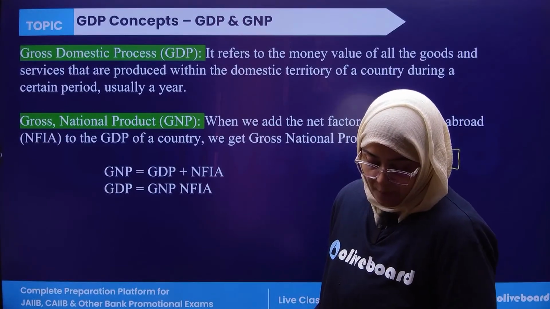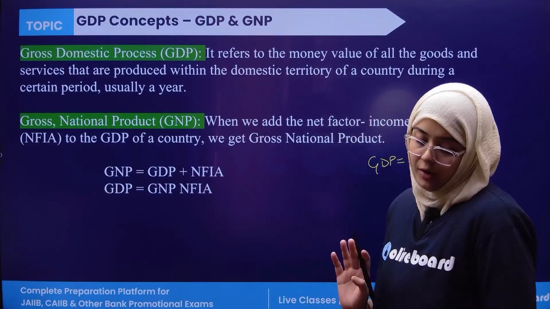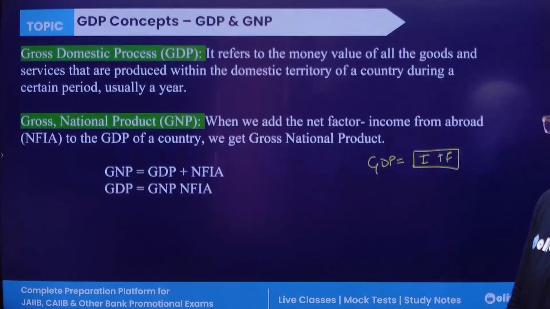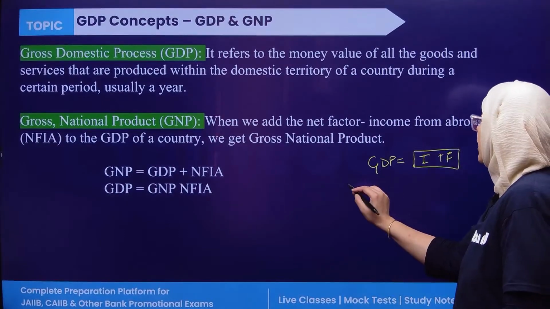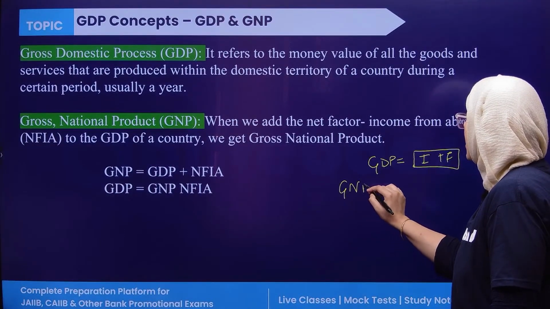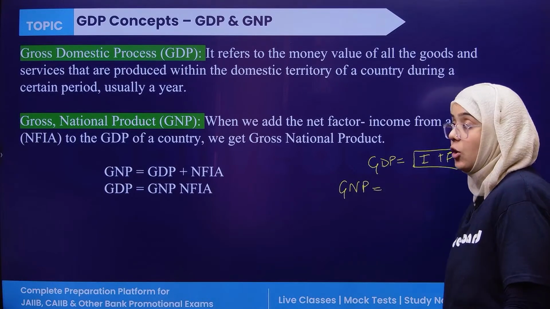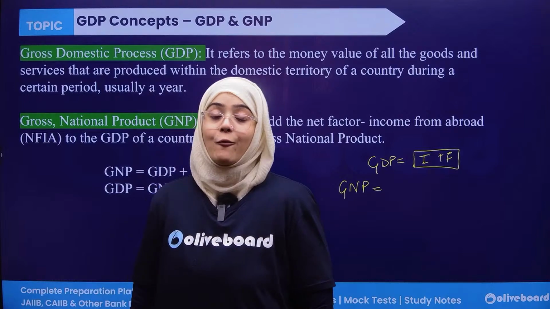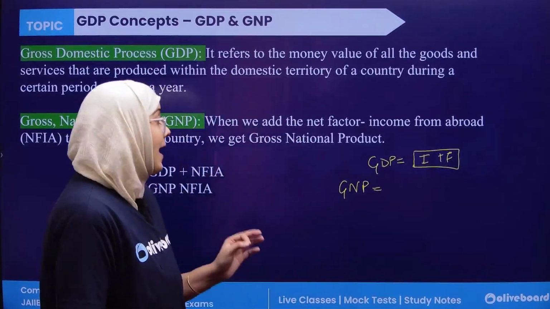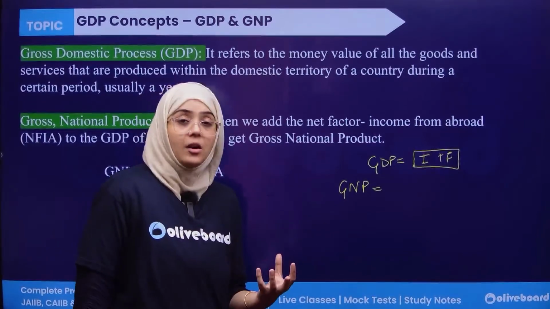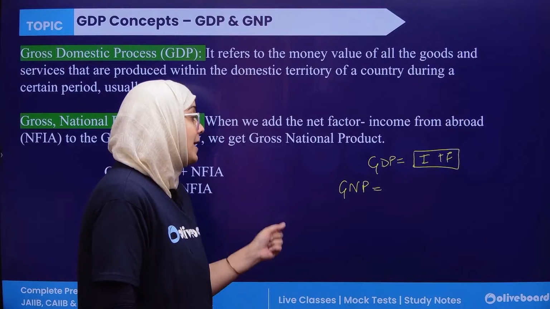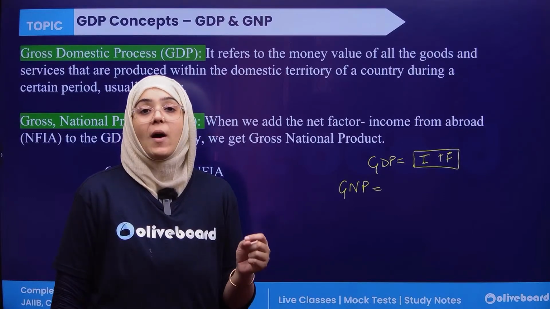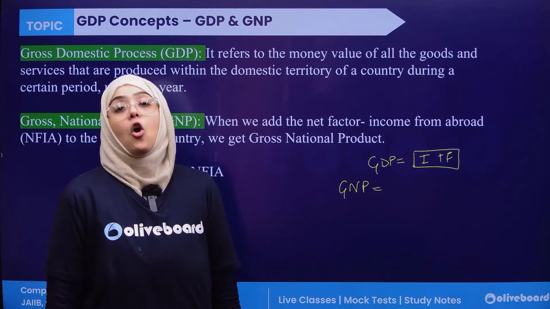Okay. Now, what is gross national product? While calculating the gross national product, I have to be concerned with only whom? I have to be concerned with only and only Indians who are either living in India or abroad.